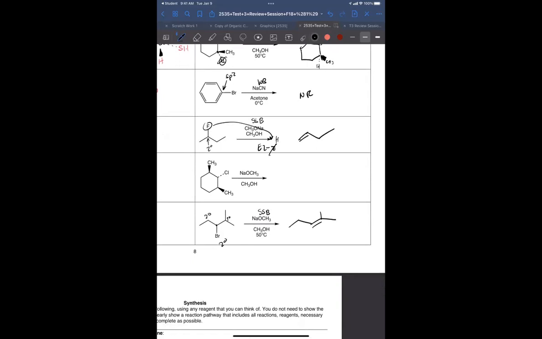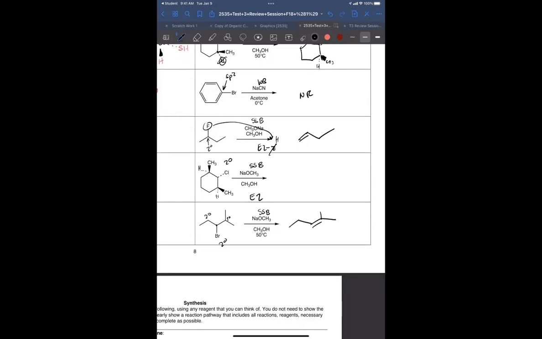And our last one, all right, leaving group is secondary, small strong base, secondary. Well, that screams out E2. Now, this is a tricky situation.